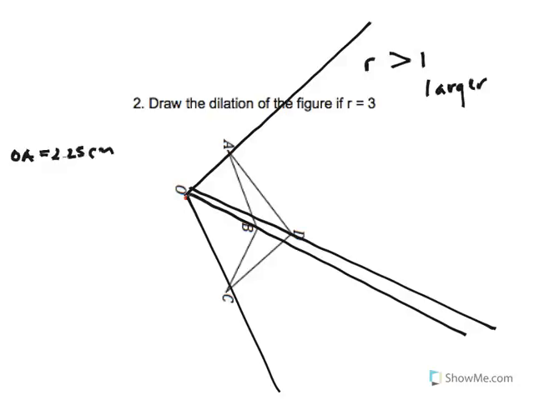And the distance from O to D is about 4 centimeters. The distance from O to B is 3 centimeters. And the distance from O to C is 4 centimeters.